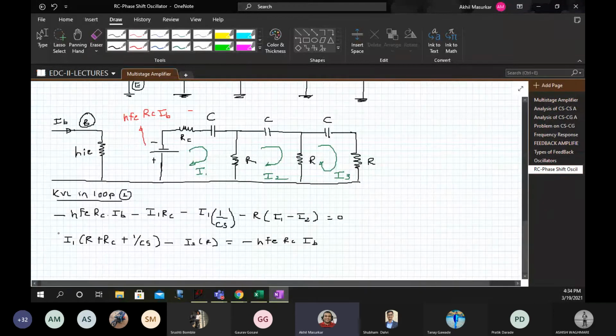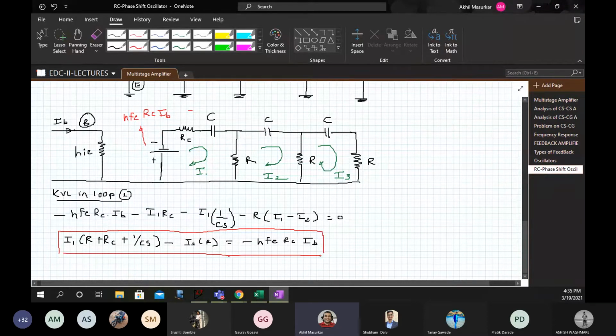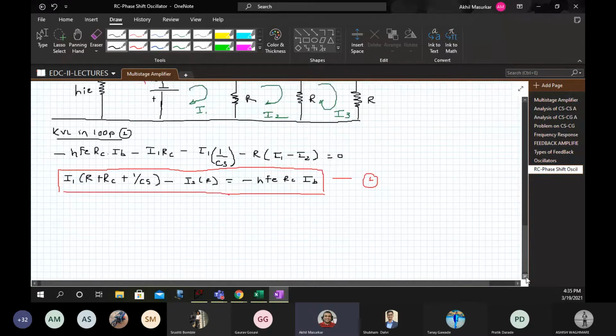So this is my first equation. You can take everything common and write these terms, and we can call this equation number 1. Similarly, I want you all to apply KVL to loop 2 and loop 3.